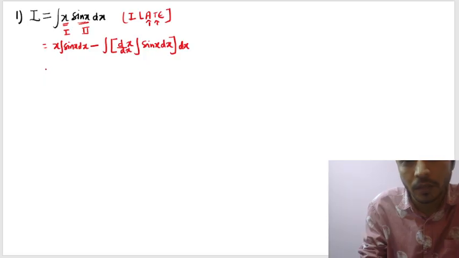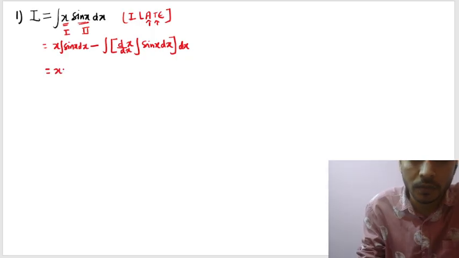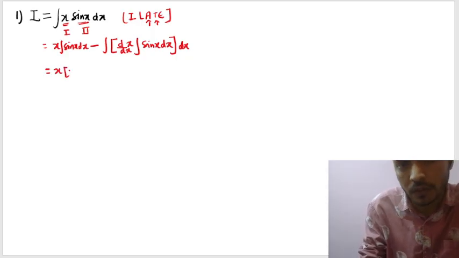Alright, so from here, first x is outside, and integration of sin x is minus cos x.